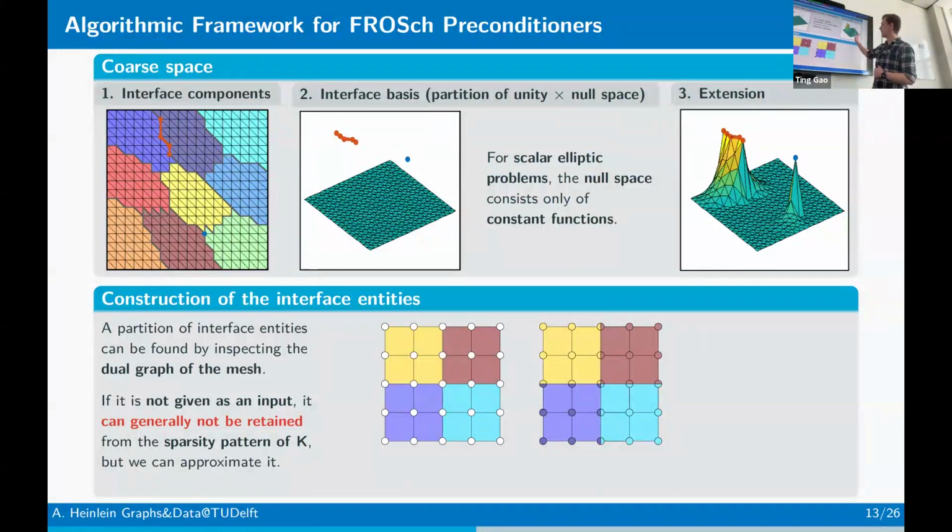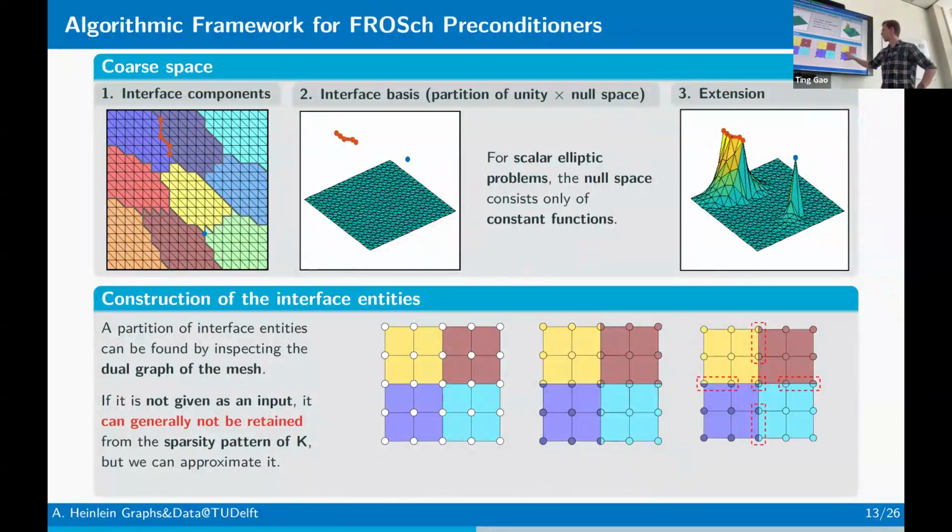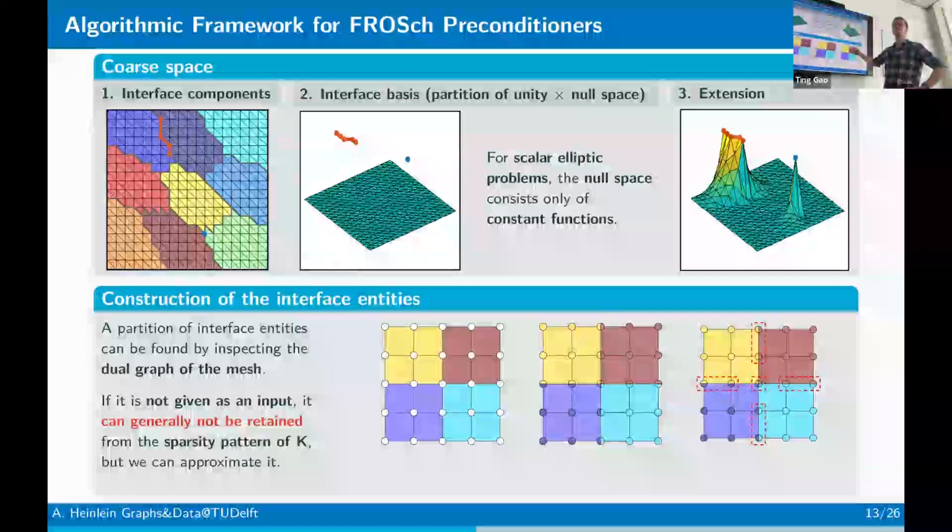Then I can find the edges and vertices by looking at how many subdomains or partitions every node belongs to. Every node that belongs to two is on an edge of this decomposition. Every node that belongs to more than two, that's a vertex. So the only thing you have to do is find these equivalence classes.